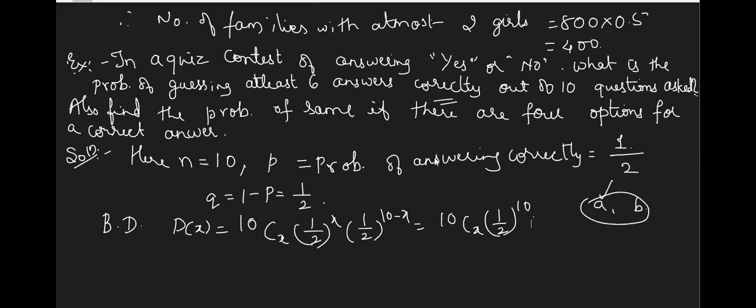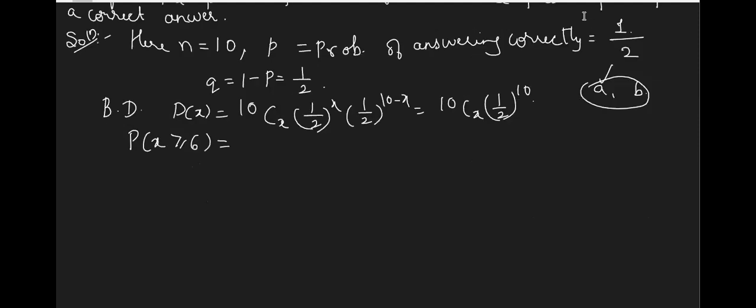Now see the question they have asked: what is the probability of guessing at least 6 answers correctly out of 10? At least 6 means minimum 6, maximum till 10, so x is greater than or equal to 6.